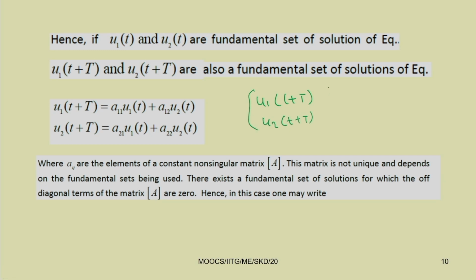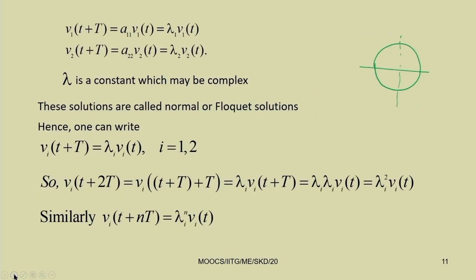So we can write a matrix A such that this vector equals A times u1(t) and u2(t). By finding the eigenvalues of this matrix, we can tell whether the system is stable or not.